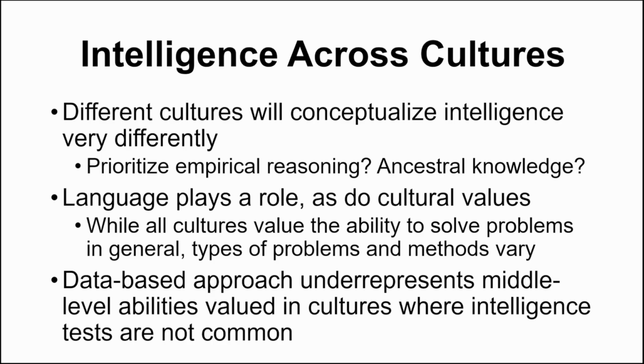But within this culture, are they going to prioritize empirical reasoning? Are they going to focus on ancestral knowledge and the use of that in modern settings? There are all sorts of things that they might find more or less important in what intelligence means to them. And of course, it's not just cultural values that are going to play into what they prioritize.